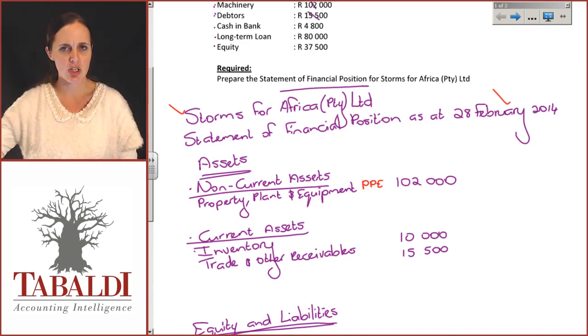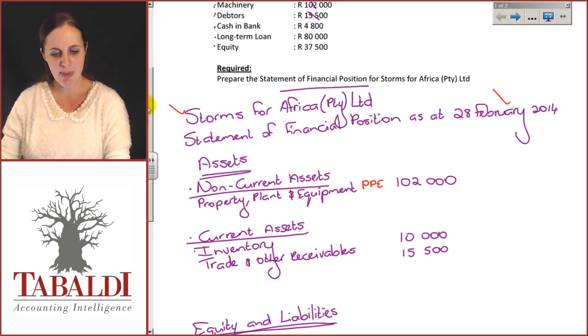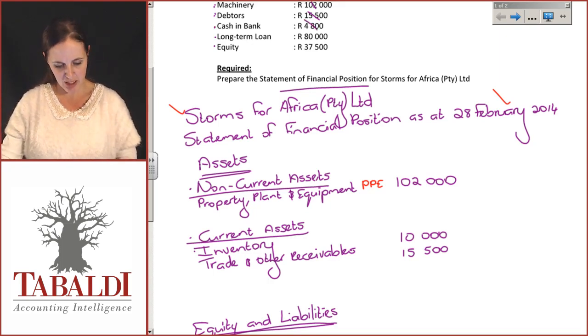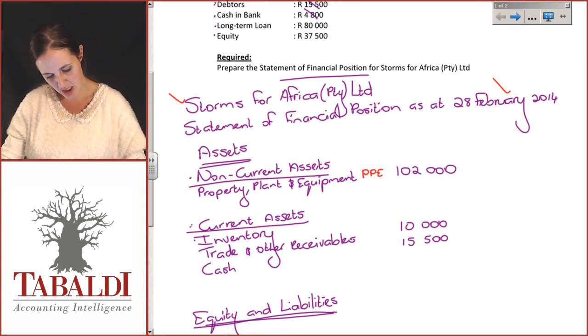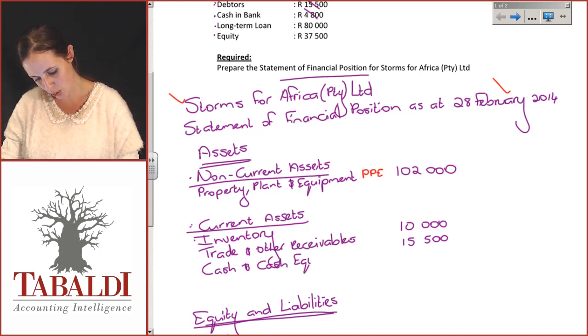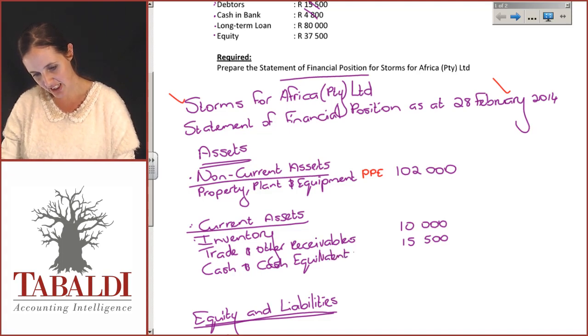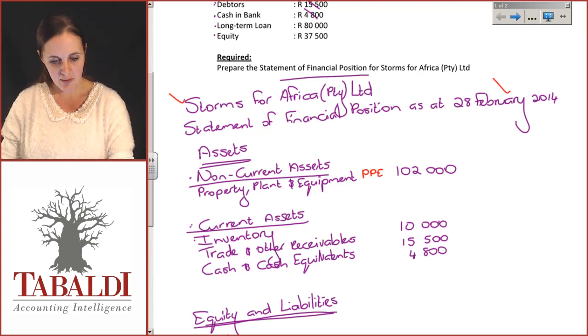And you're going to get used to these terms as we go, so don't worry if there's just too many things going on. The more that you use it, the more you practice it, the better it's going to get. Cash and bank, the amount of money that you have on hand, the amount of money you have in your bank account. It is instantly available to you, and we call it cash and cash equivalents. Anything that is cash or like cash, cash and cash equivalents is 4,800. We've dealt with that.